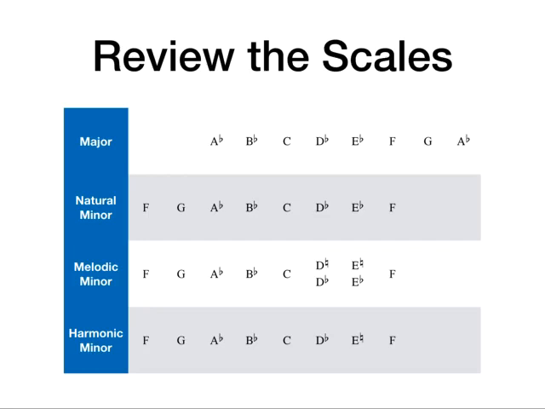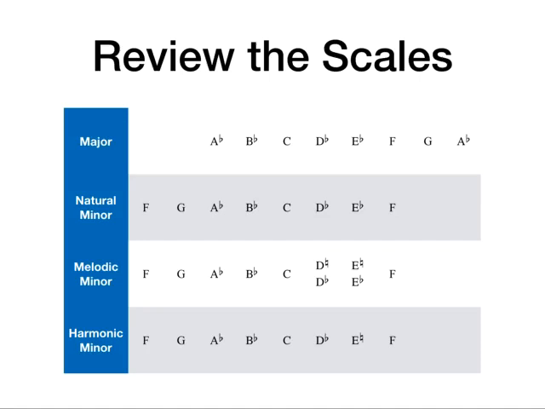That D flat is raised to a D natural in the ascending melodic minor scale. However, it stays a D flat in the descending melodic, and it's also a D flat in the harmonic minor.